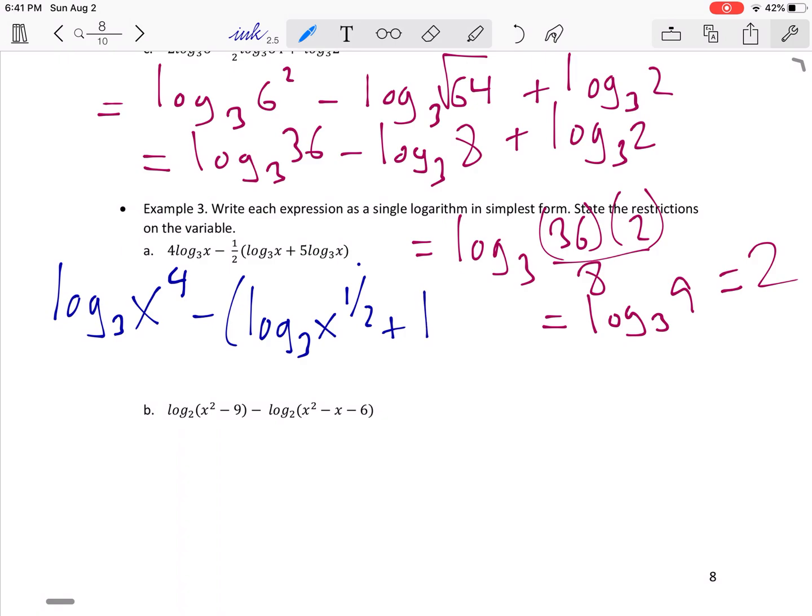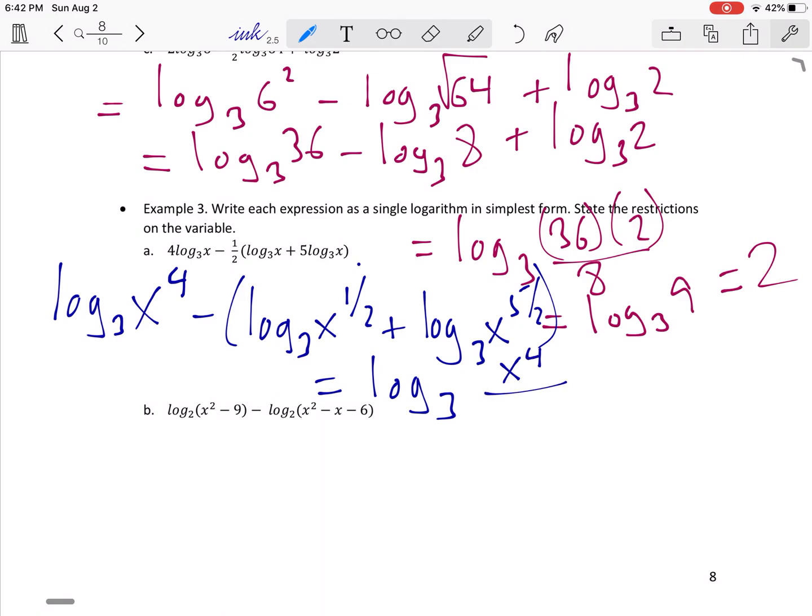plus log base 3 of x to the 5 over 2, which equals log base 3 of x to the power of 4, which is what's on top there.